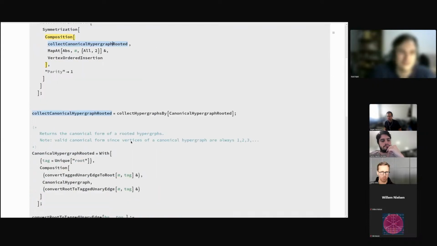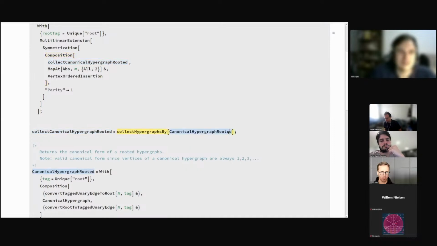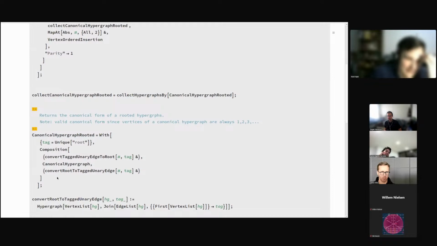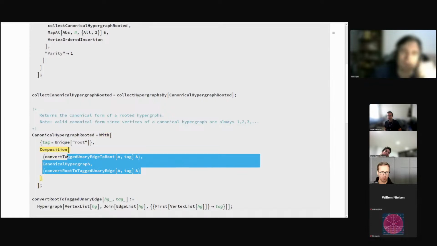Collect canonical hypergraph rooted is basically transforming a rooted hypergraph to its canonical version as a rooted hypergraph. This point is a bit subtle and needs a bit of thinking. What do I claim is a canonical form of a rooted hypergraph? The property I want is that two rooted hypergraphs are isomorphic as rooted hypergraphs if and only if their canonical forms as rooted hypergraphs are equal.